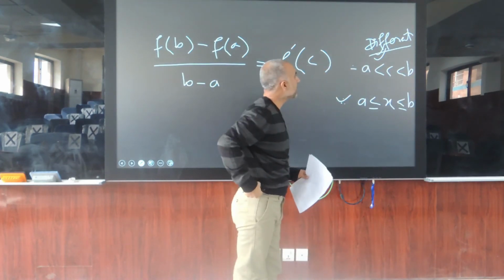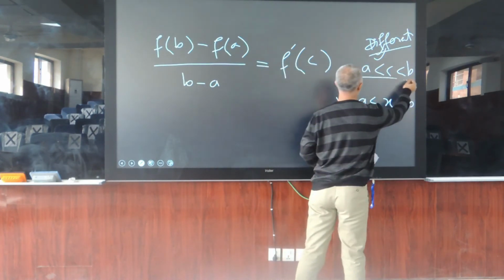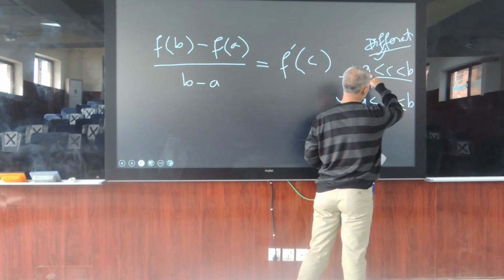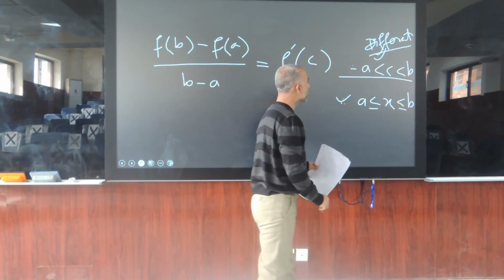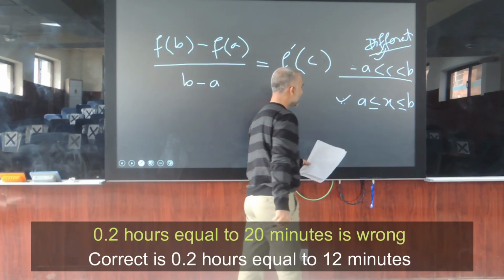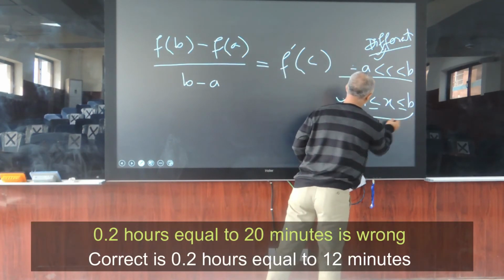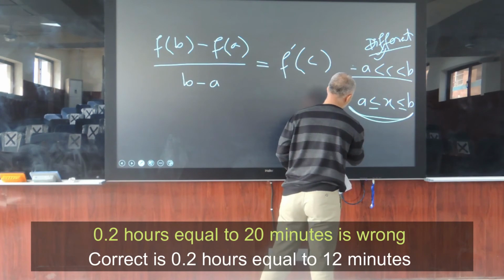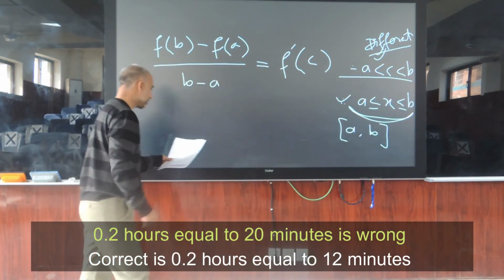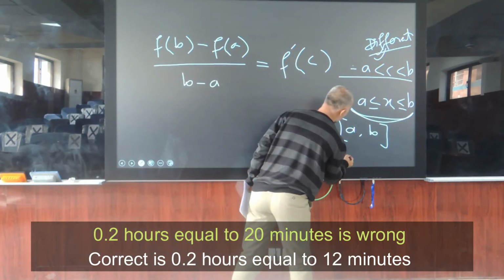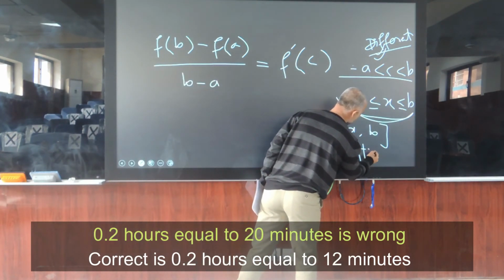Differentiable on the open interval, where c is strictly greater than a and less than b, but they are saying continuous on the closed interval from a to b on the x-axis. These are the words written in the textbook definition.